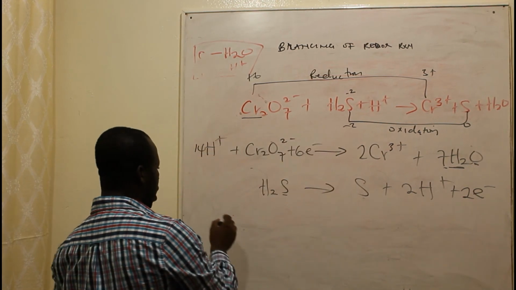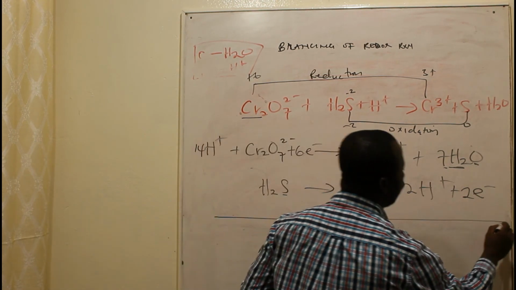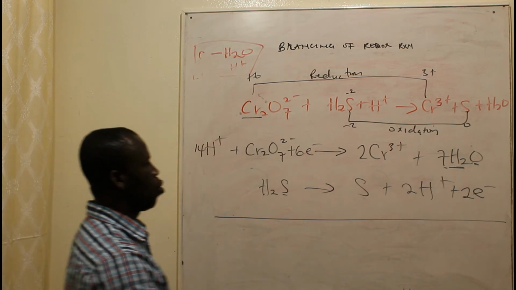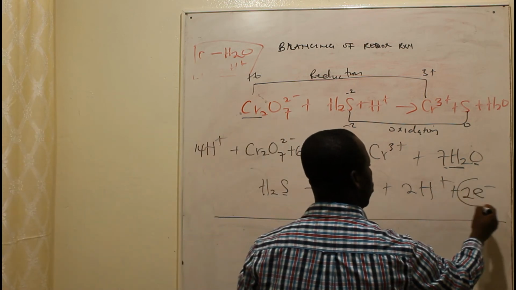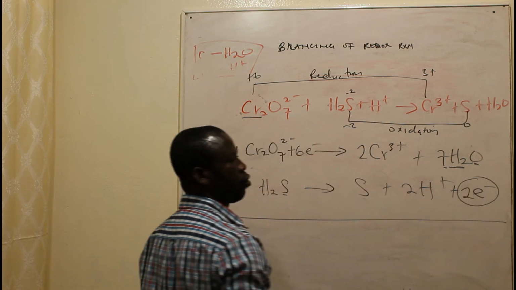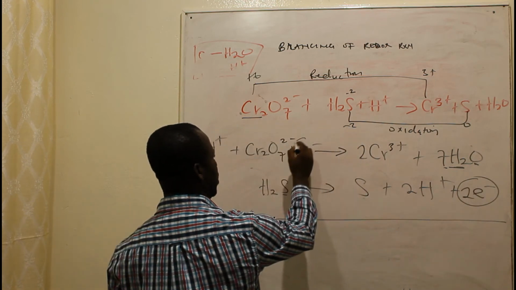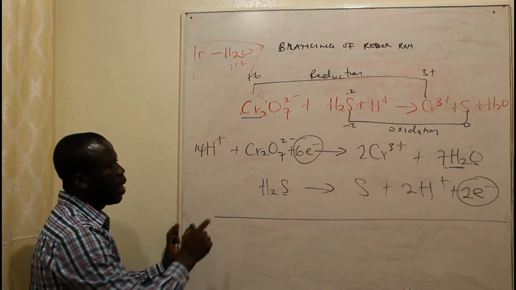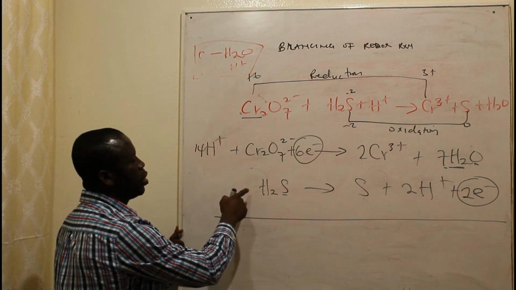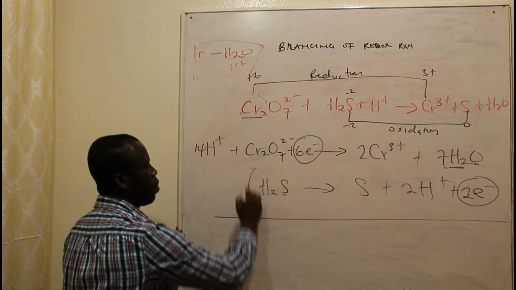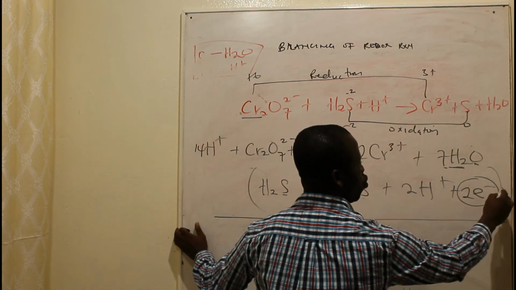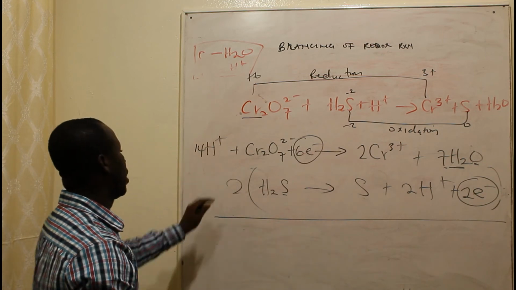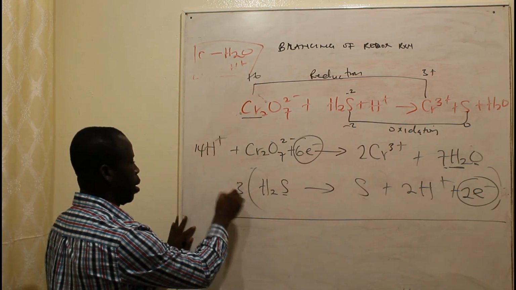Now let's come to the overall reaction. We have to do away with the charges, so we do away with the electrons. We have 2 here and we have 6 here. So what do we have to do? We have to multiply the oxidation half equation, all of it, by 3.